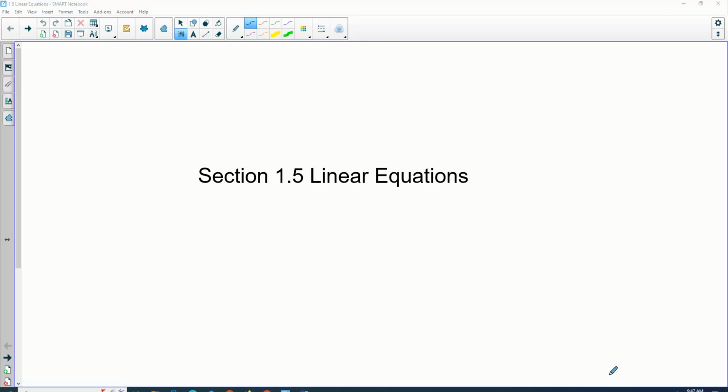We are talking about linear equations today, just a review of solving these equations. So you probably want a calculator of some sort, but we're just going to practice a few different types and make sure you know how to approach each of them.